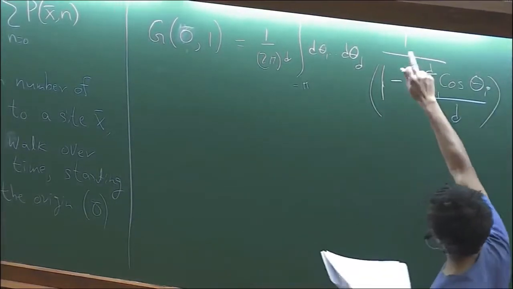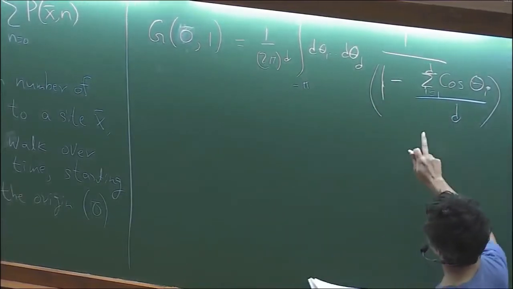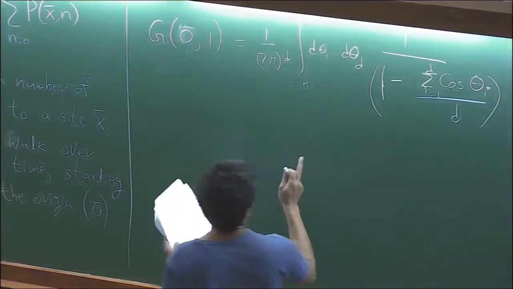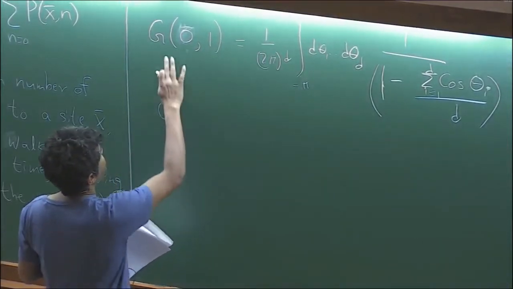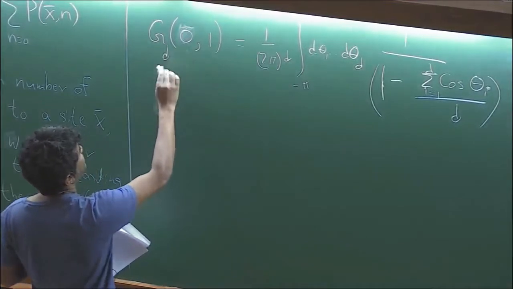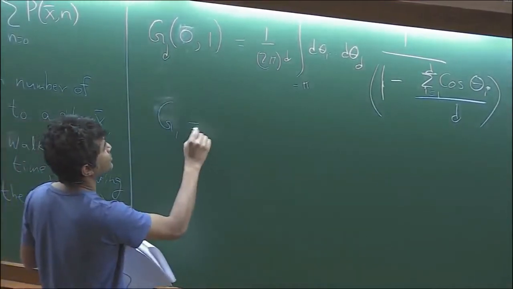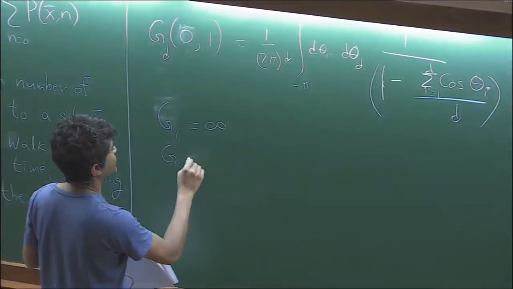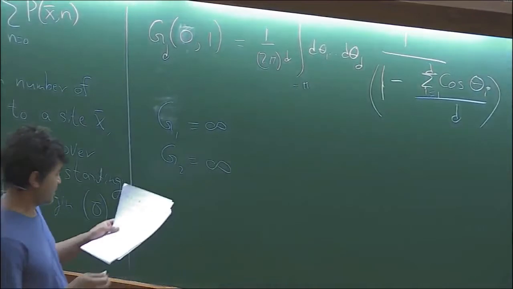There was another factor e to the power i theta dot x, but that x is 0, so that goes to 1. So this is the integral. And then we said, let's put the dimension here, g_d. So d is the dimension. We said g_1 is equal to infinity, g_2 is infinite, and then from g_3 onwards it's finite.